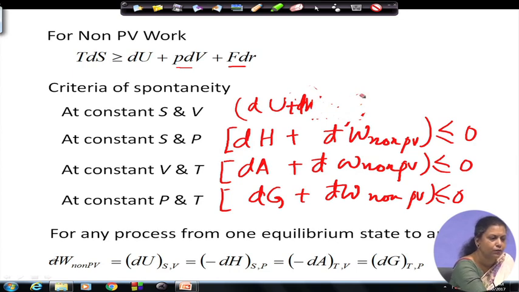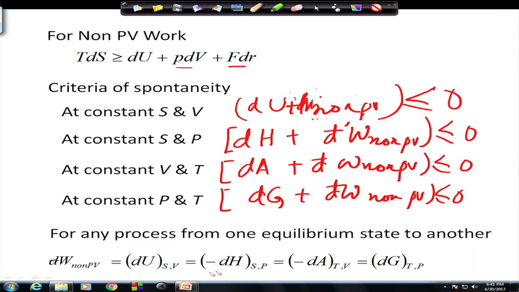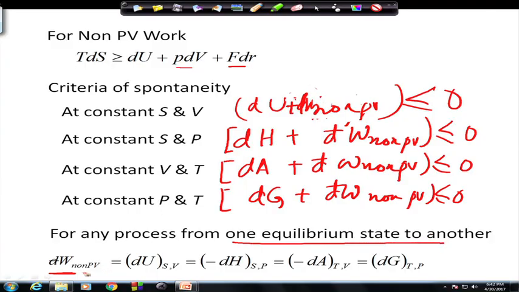We have found out that whenever there is some non-PV type of work, the amount of useful work, or the non-PV work, that we can get from a system, or that has to be performed on a system when it moves from one equilibrium state to another, is equal to the decrease in the internal energy of the system at constant entropy and volume conditions.